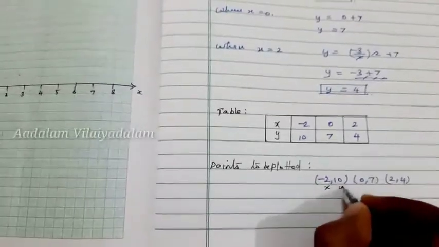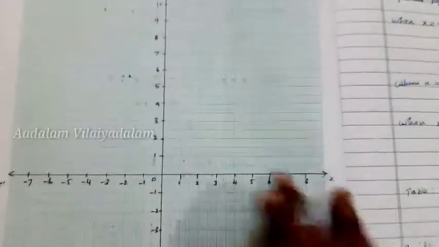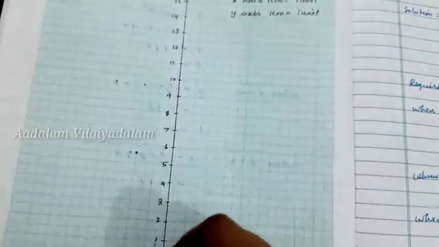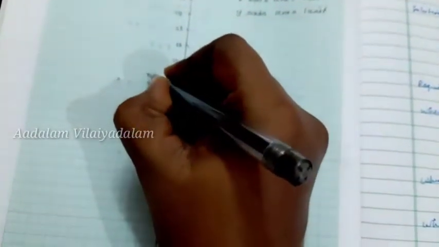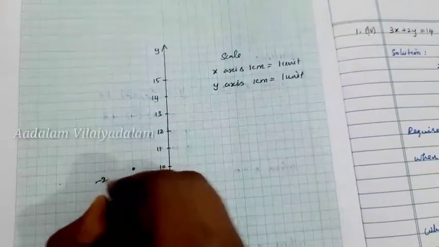This is x, y. So in the x axis minus 2 will be lying here. Then the 10 will be lying here. So this is the meeting point of minus 2 and 10.